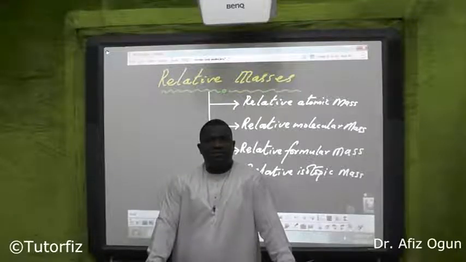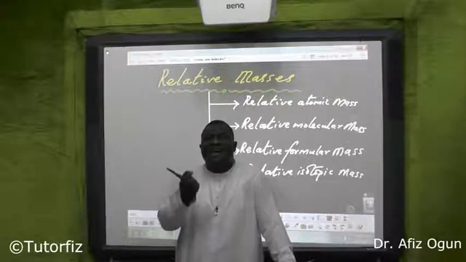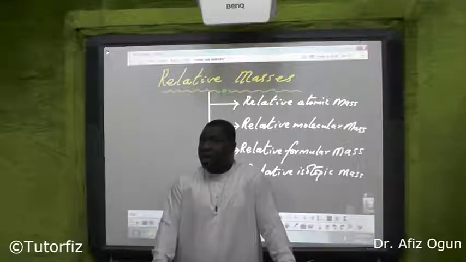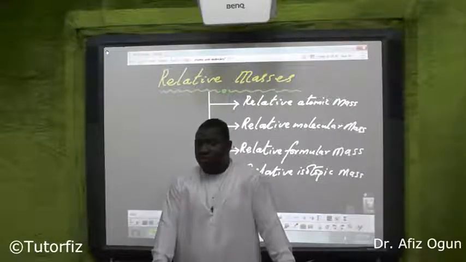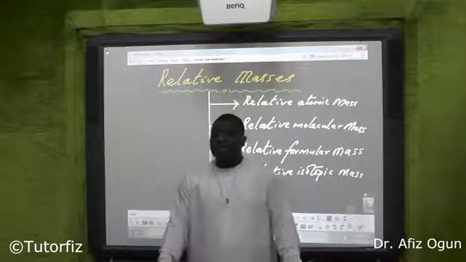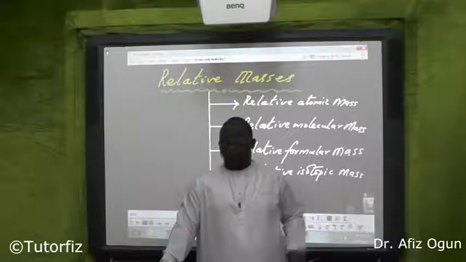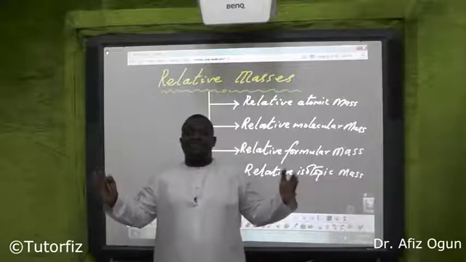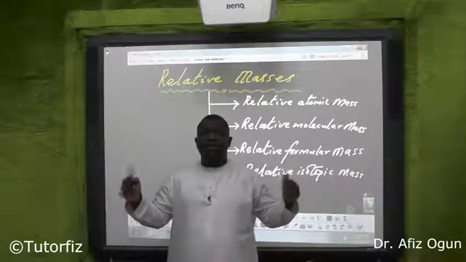It would be very ridiculous for us to use the normal mass of the very tiny atoms in our everyday calculation. Then what do we do? We have a scale, a standard which we follow.